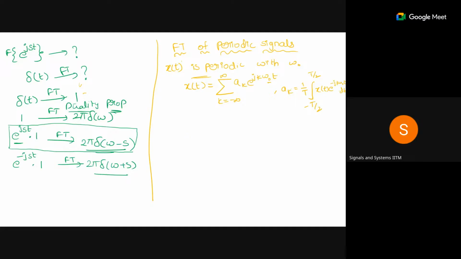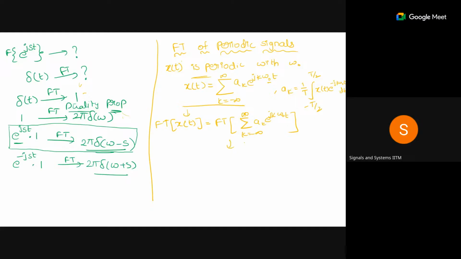So we want to do the Fourier transform for this periodic signal. The Fourier transform of x of t is the Fourier transform of the sum over k from minus infinity to infinity of a k e power j k omega naught t.